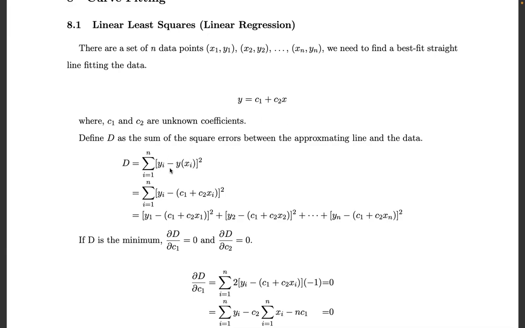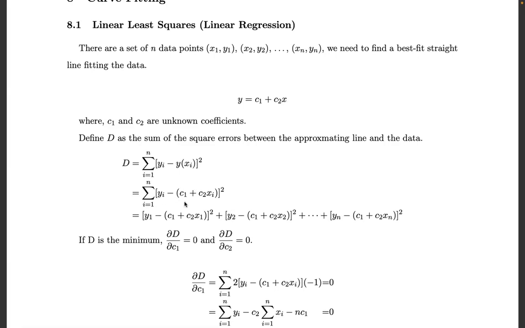This difference could be positive or negative, but after squaring it becomes positive. Adding all together, we get a positive value. Then substituting the formula in, that's yi minus (c1 plus c2 xi), and expanding it we get the sum of squares.